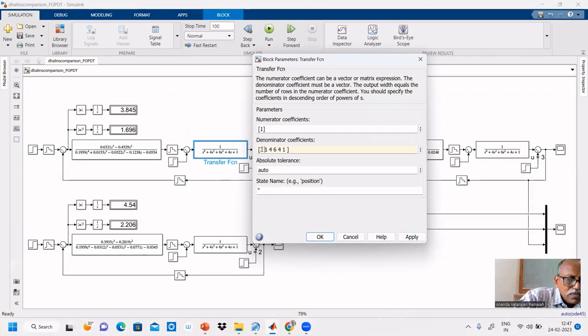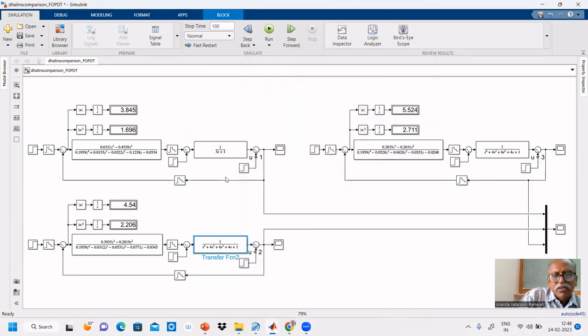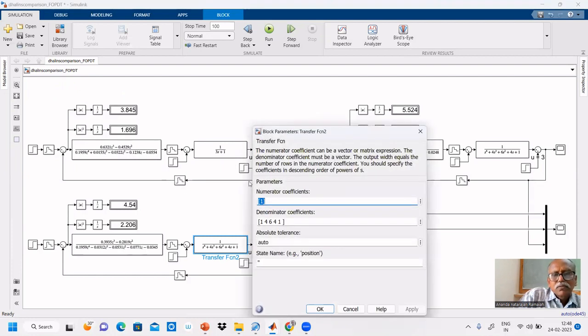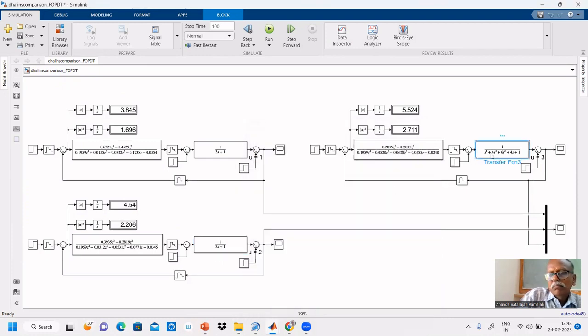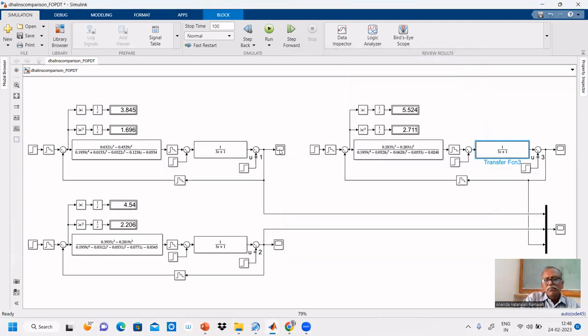Here 3 and 1 we have to enter. We have to include a dead time here.